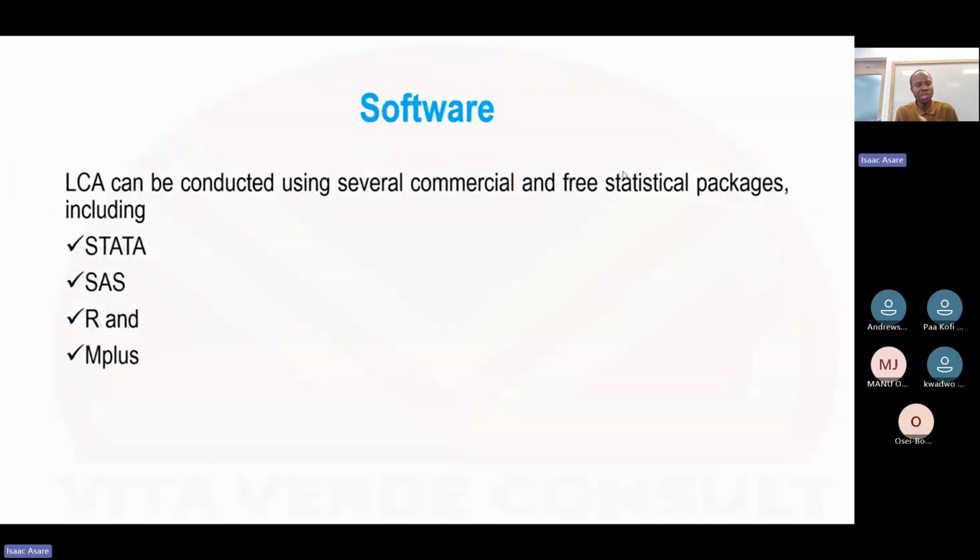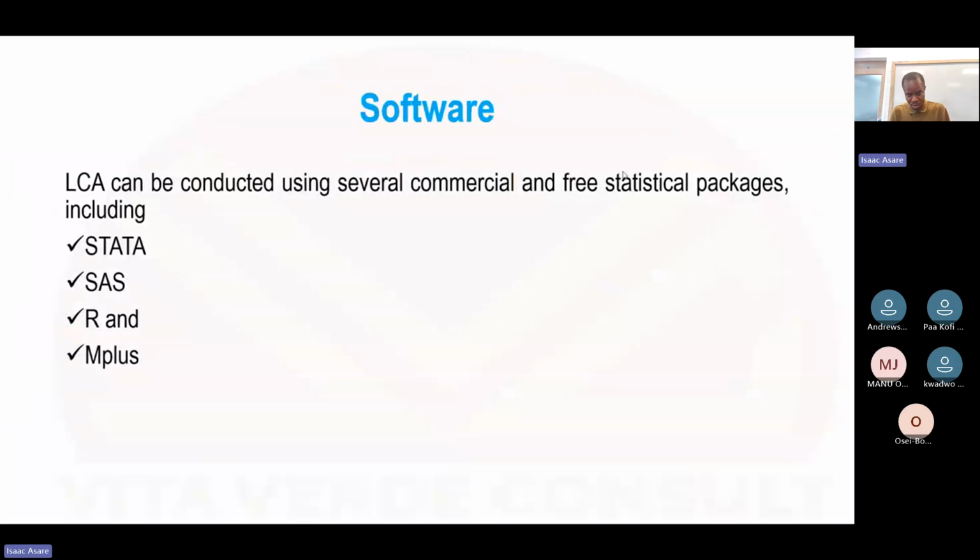So these are some of the softwares, but the R software is free. We all have it. I've shared the link with you that you can easily download and use for your research work. It is free, right? You don't need to pay anybody for anything. All that you need to do is to acknowledge that you used R software in your study. You don't need to pay annual renewal.